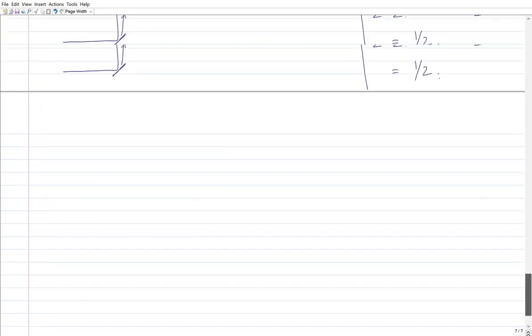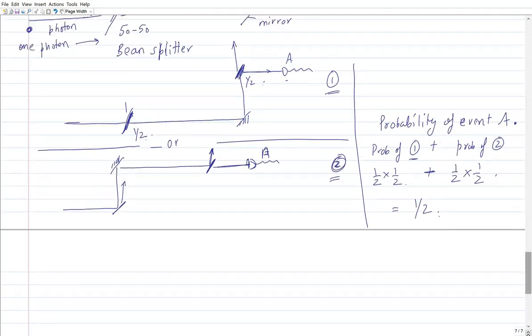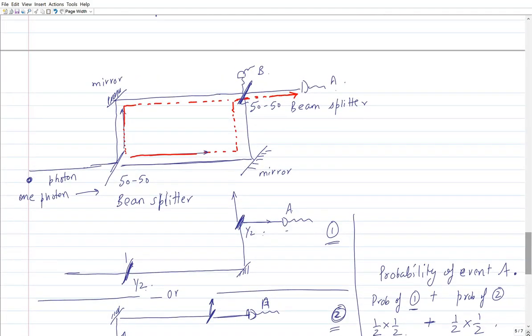So are you all happy with this thing? We are just calculating the probabilities. What was the probability for this process as well as this process occurring? And we can also simultaneously calculate the probability of B, which is the path the photon takes, this path.